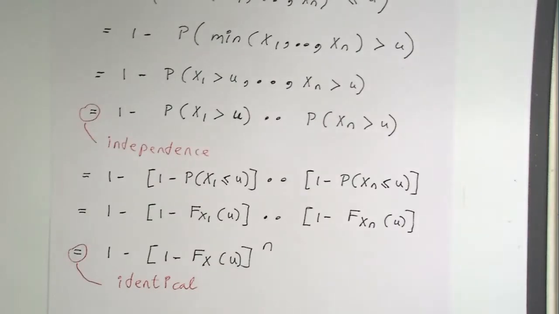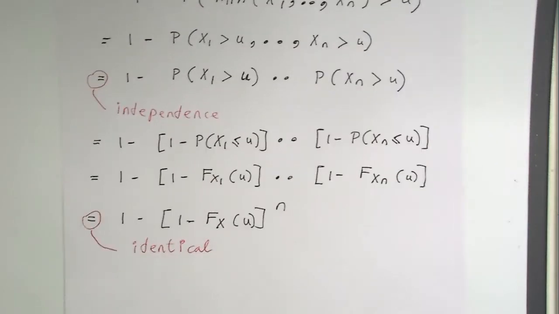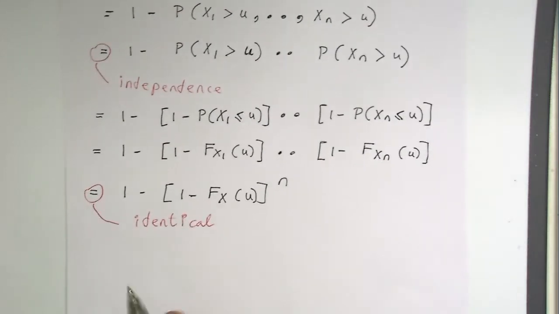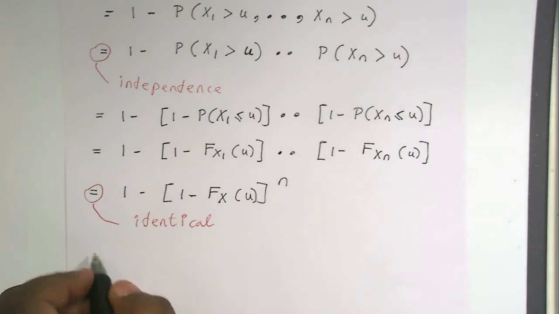We are assuming that all of them are identically distributed. So that means each of these must be the same, right? Okay, so that's the CDF of U, and the PDF of U.